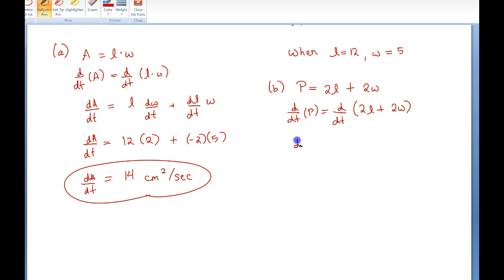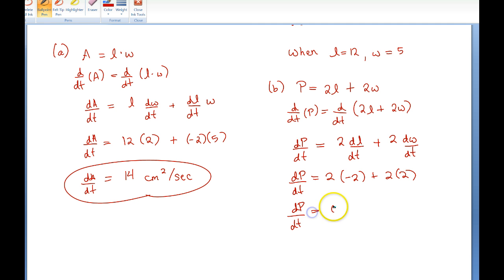So we have dP/dt equals 2 dL/dt plus 2 dW/dt. So we have 2 times negative 2, and then 2 times positive 2. So what do we get? 0. And that's centimeters per second.